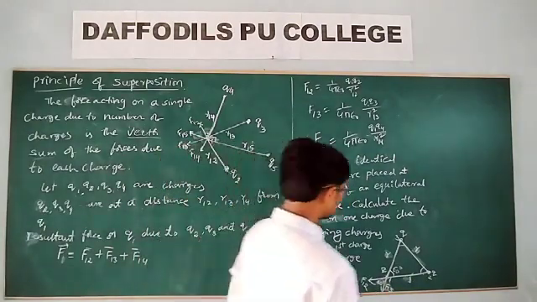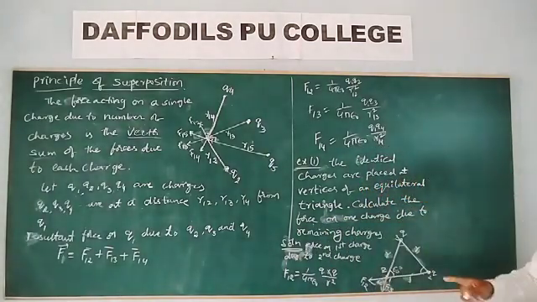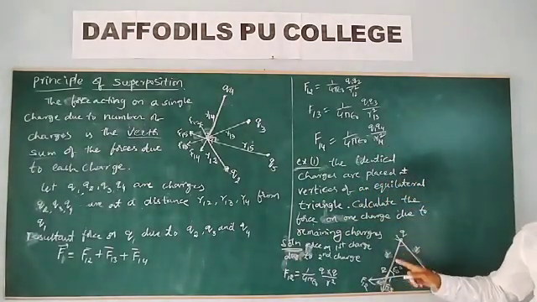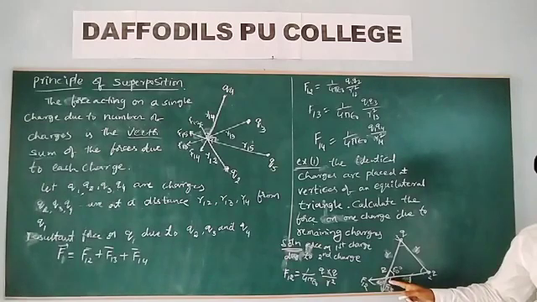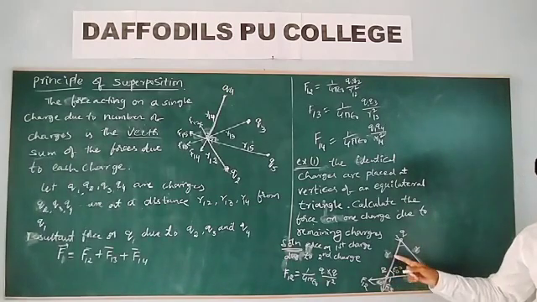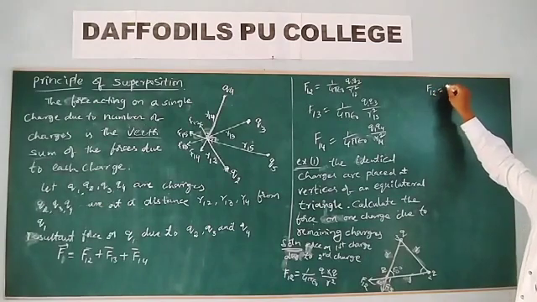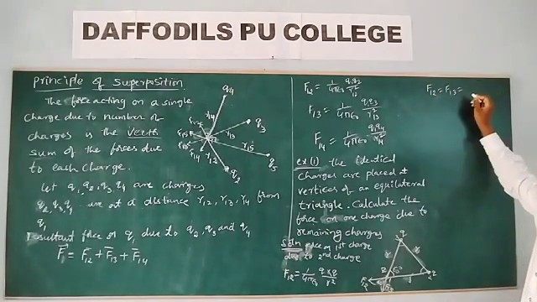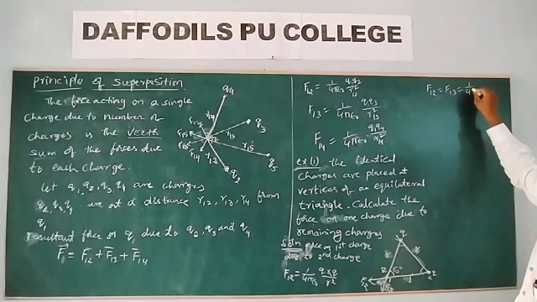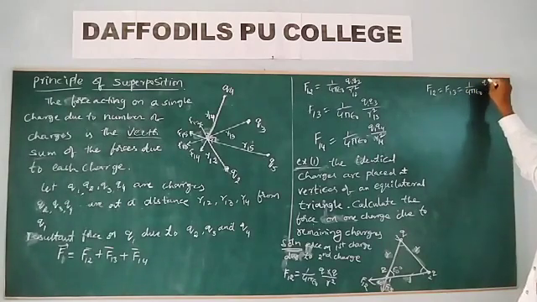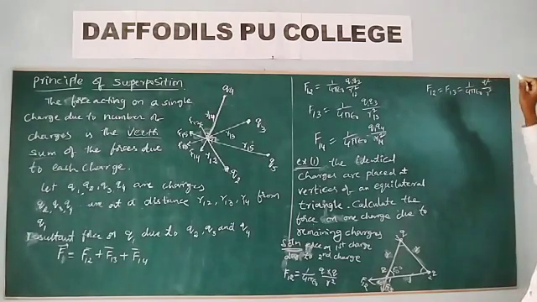Similarly, the force on the first charge due to the third charge is also in the same direction with the same value and same distance. Then F13 is equal to 1 by 4 pi epsilon naught Q into Q by R square.